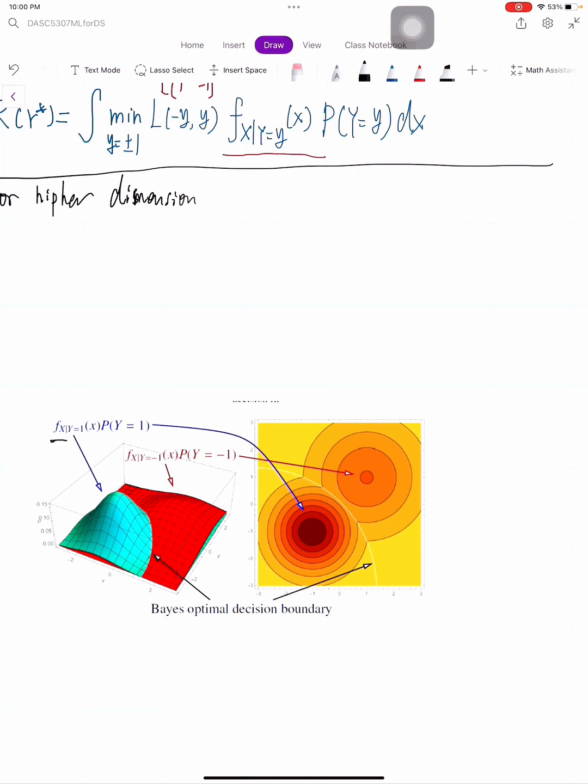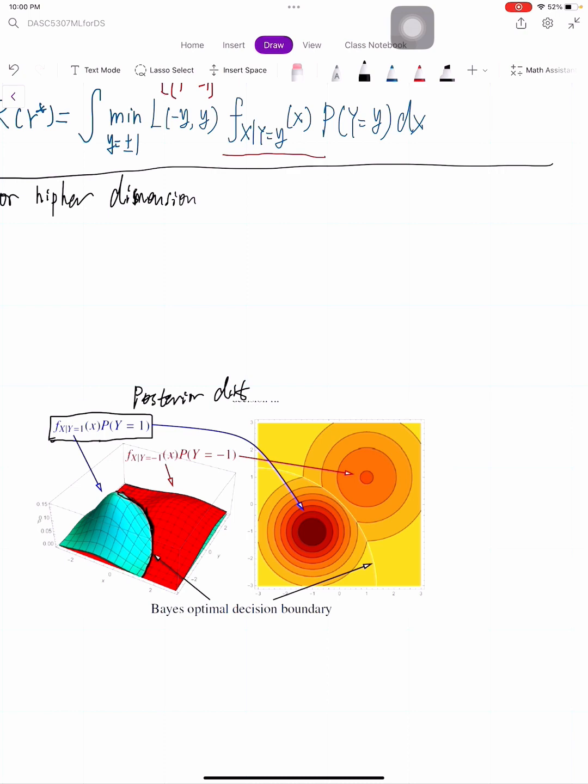For example, here we fit two normal distributions, and the Bayes optimum decision boundary is where these two density surfaces intersect each other. Okay, this is the posterior distribution, and this is the decision boundary.